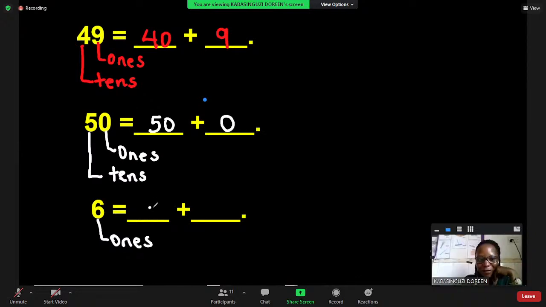This one or this one? The first one or the second one? The second one. Thank you. So we write our 6 here because we don't have any tens. So 6 here is in the place value of 1s. Are we together? Thank you, Solomon. It is just in the place value of 1s.